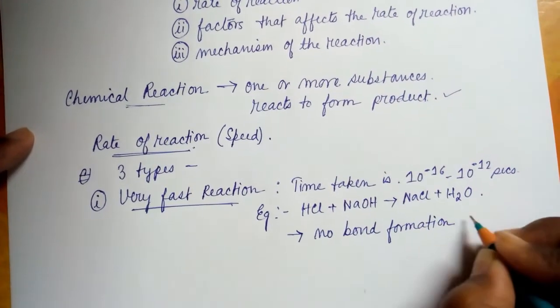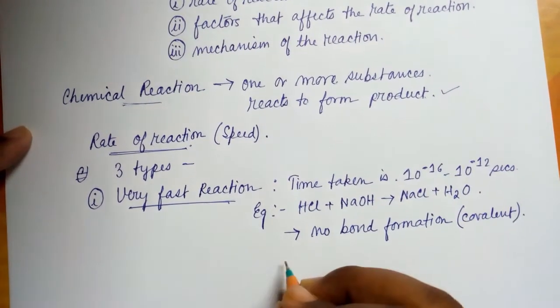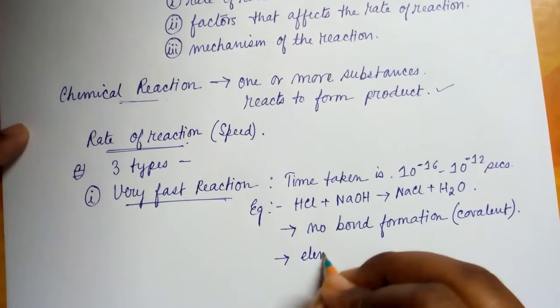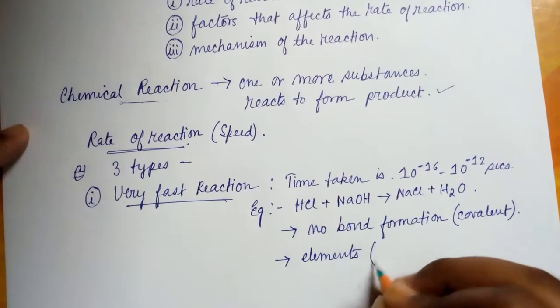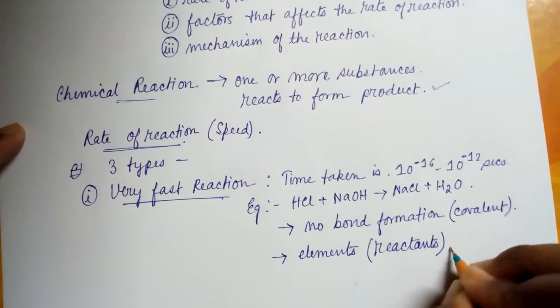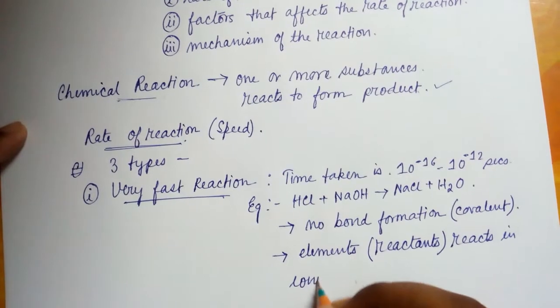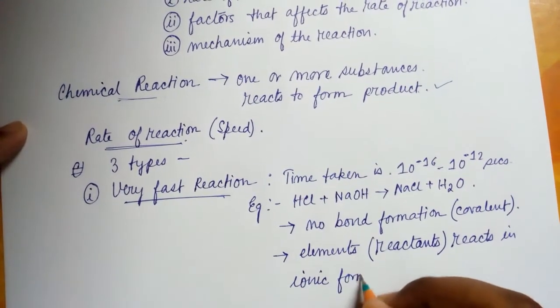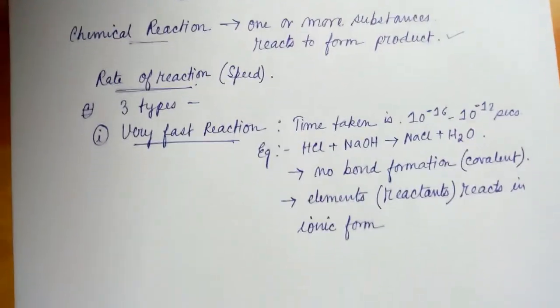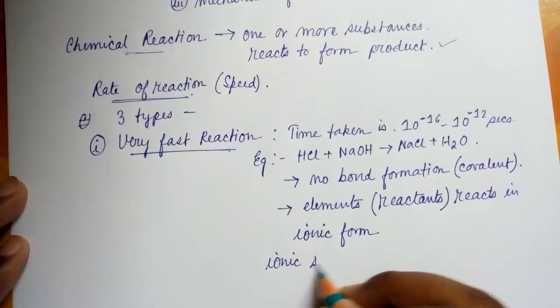As this is a very fast reaction, there is no bond formation, because that takes a long time. So no covalent bond formation. And here the elements, or the reactants, react in ionic form. So now these reactions can again be written in the ionic state, which actually takes place.